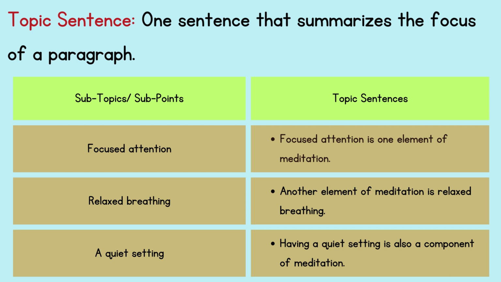So the topic sentence basically summarizes what the paragraph is going to be discussing. So here we have focused attention, relaxed breathing, and quiet setting, which are my 3 subpoints that I mentioned earlier. I've created a topic sentence for each of them.